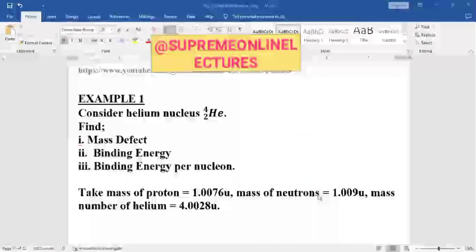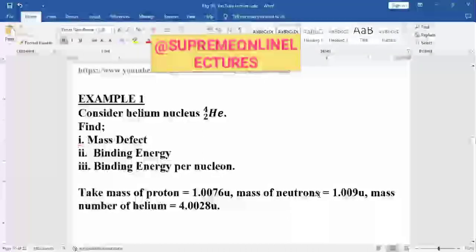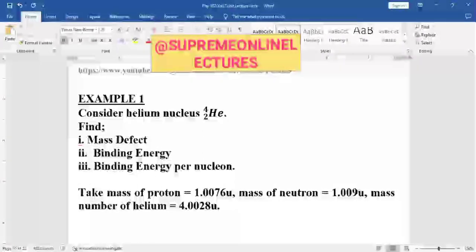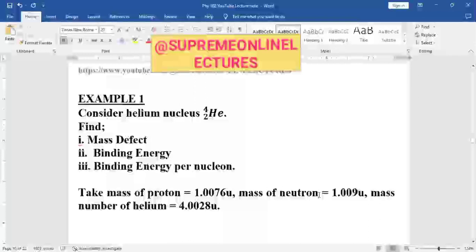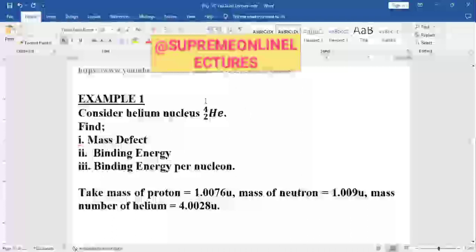So these values have been given, and we are to estimate the mass defect, binding energy, and binding energy per nucleon.